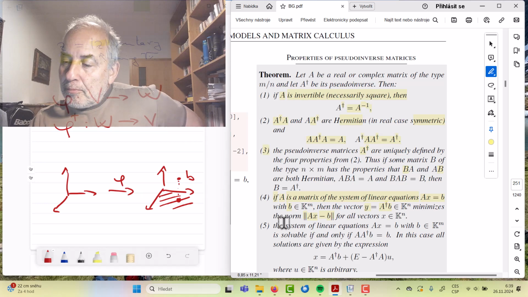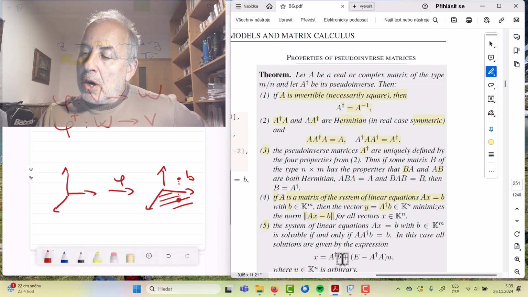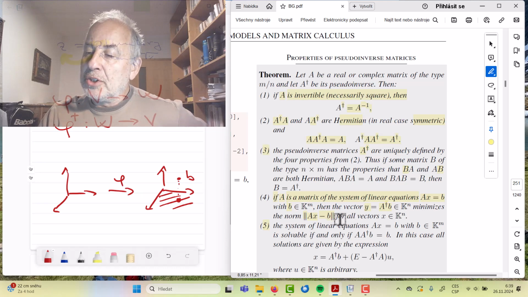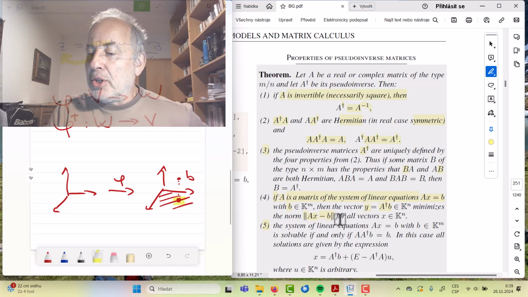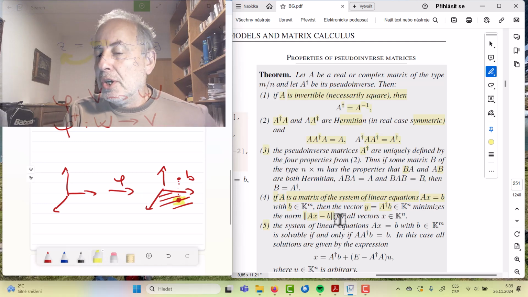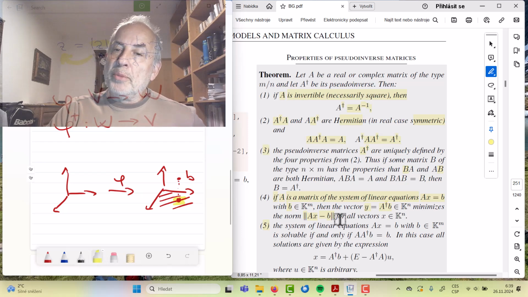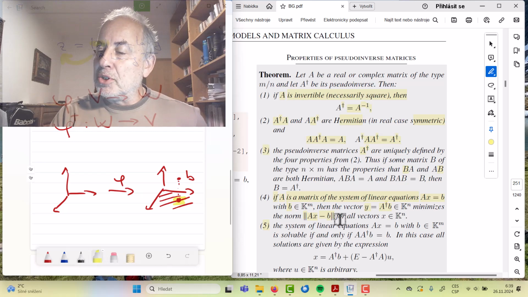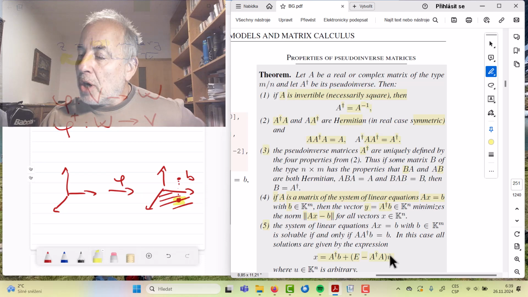And 5 says what are all the solutions, right? In 4, and on the picture here on the left hand side, I was finding the right image, and the pre-image of this as the set of all the solutions which will be approximating best the prescribed value B. And here you have a formula for what all of them are, right?